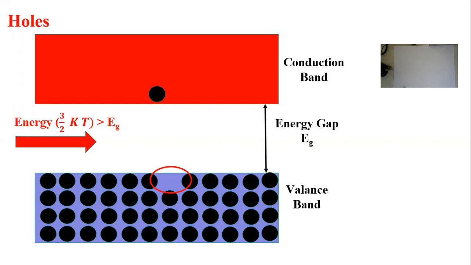When the temperature starts to increase, then the electrons will have more probability to flow from the conduction band to the valency band. Oh, I'm sorry, from the valency band to the conduction band.